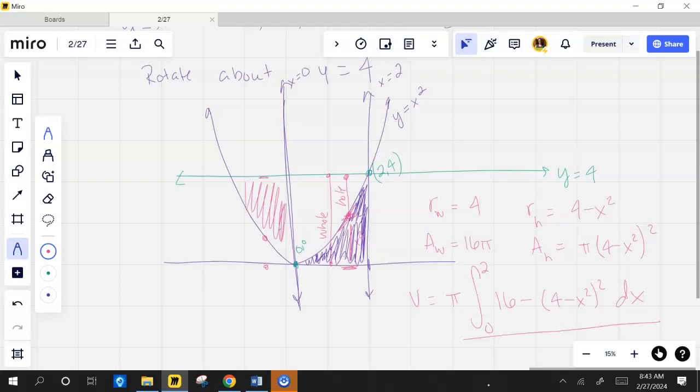Let's see. Hold on. How'd y'all get that in there so fast? 16 minus 4 minus x squared.